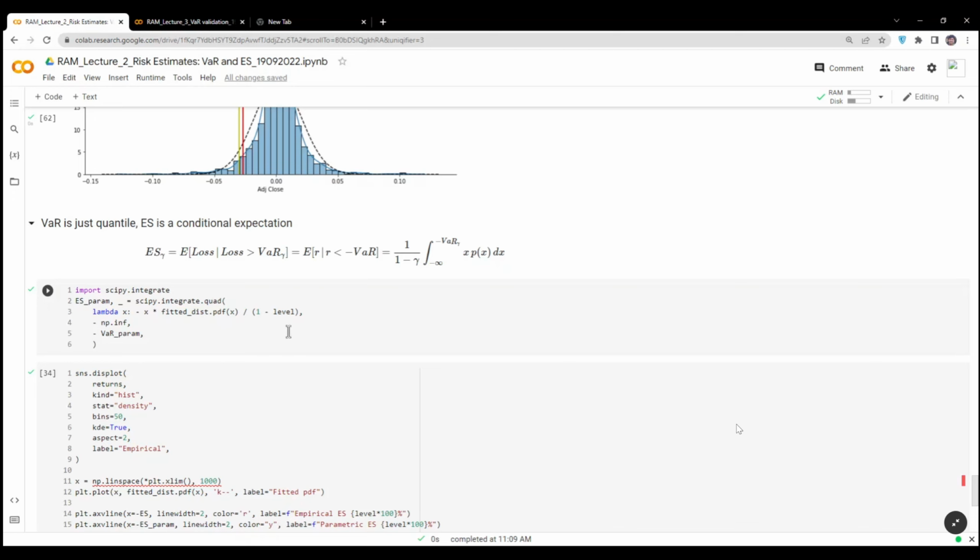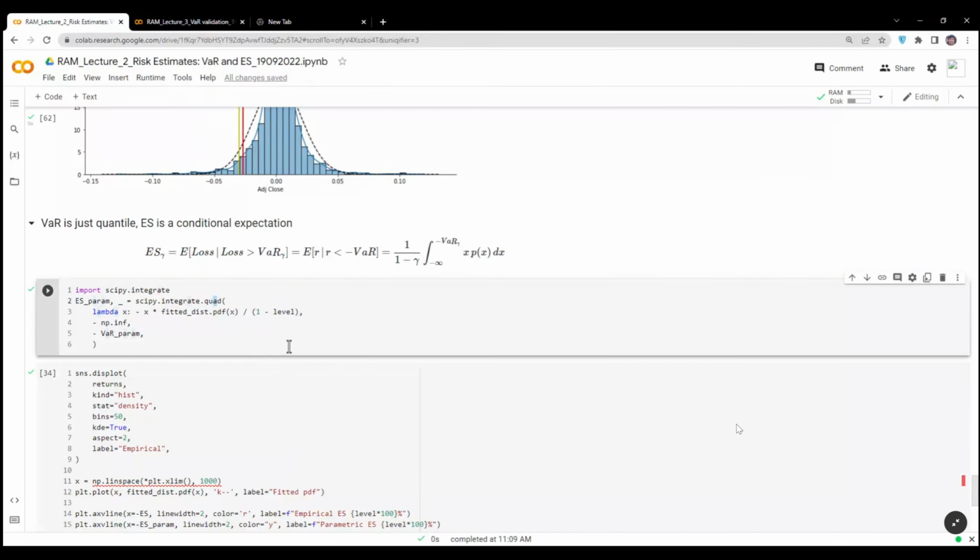It is offered to apply the quad integration method from SciPy. So what we need to identify is the integrated function. As you can see in the formula, we integrate x times the density function of x over the left tail, so the limits of integration are from minus infinity to value at risk.